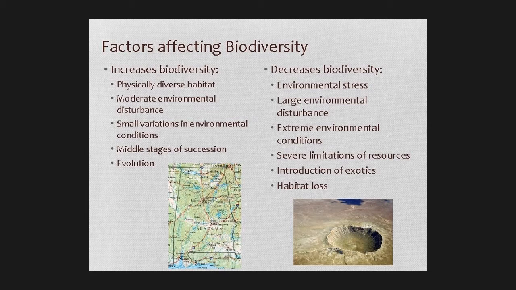But environmental stress, large environmental disturbance, extreme environmental conditions, severe limitations of resources, the introduction of exotic species, and habitat loss all decrease biodiversity. In the picture on the bottom right, over here, you see a crater.